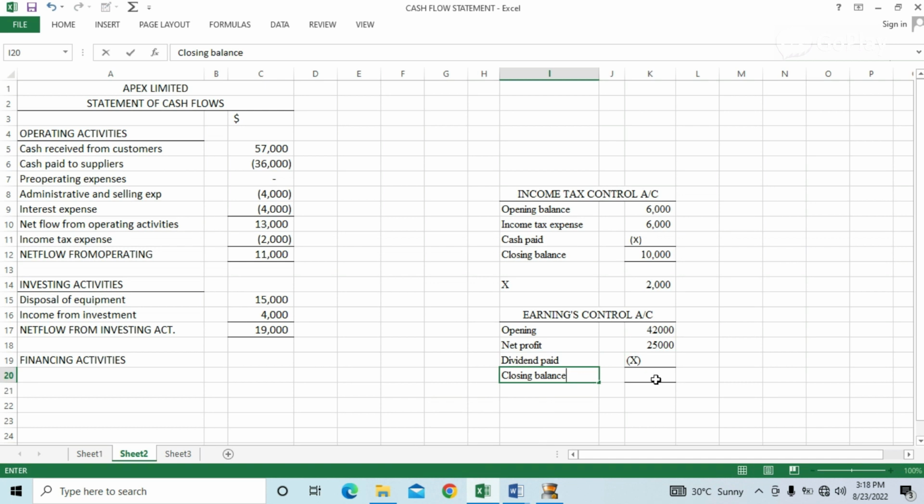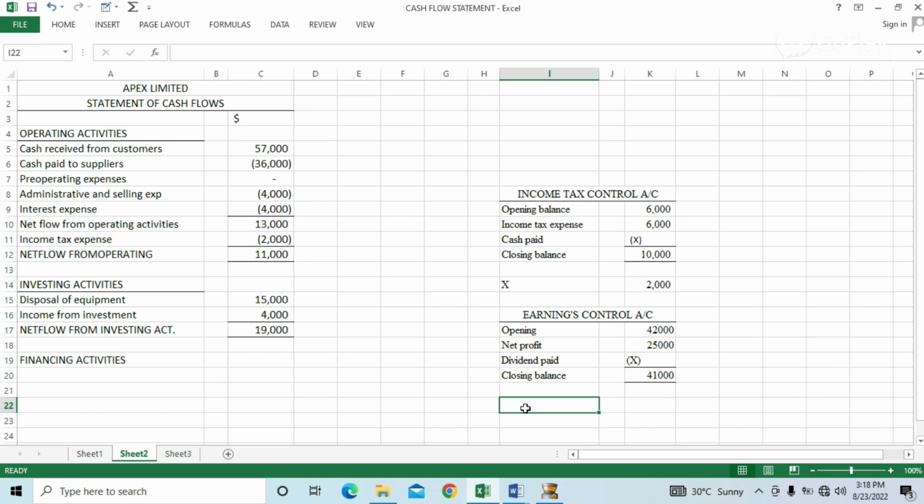So the closing balance in this case is 41,000. So what's the value of X? By so doing, you can see that 42,000 plus 25,000 minus X equals 41,000.